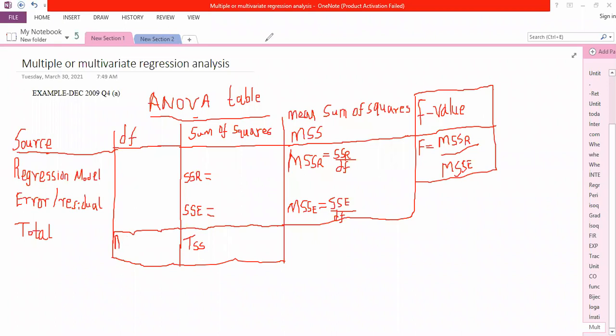The total degrees of freedom, let me write it here. Total degrees of freedom, I can just baptize this one as the TDF, are supposed to be given by n minus 1.